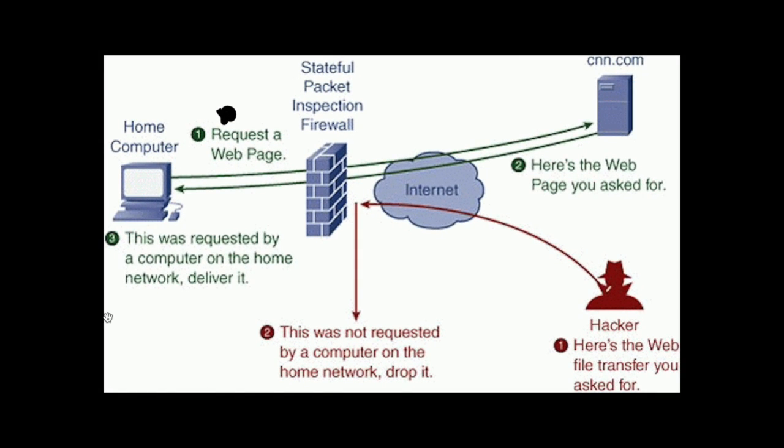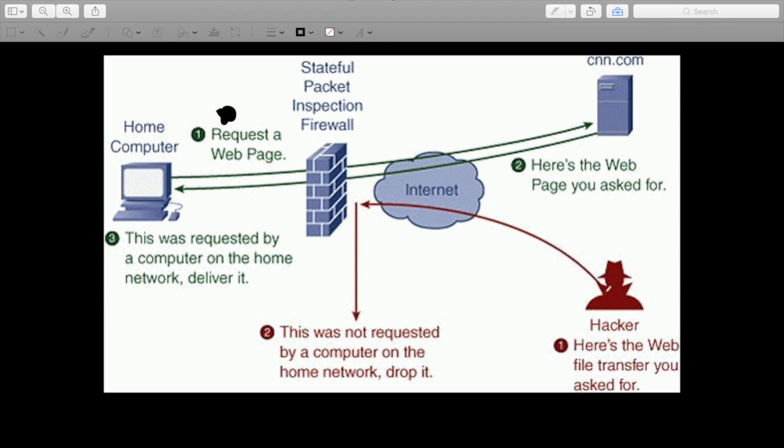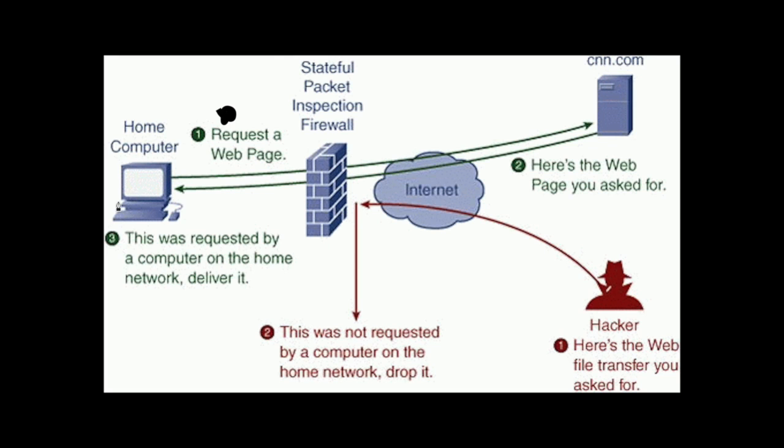Now let's take a look at this diagram we have over here. This diagram depicts how the firewall works in a very basic form. So the user over here, or the computer, requests a web page from a source, like from here to here. And the source we have here is CNN.com.